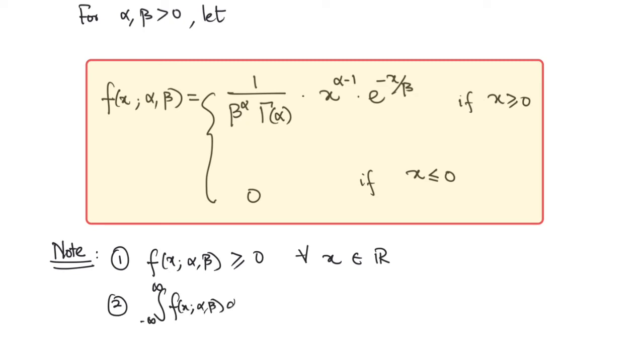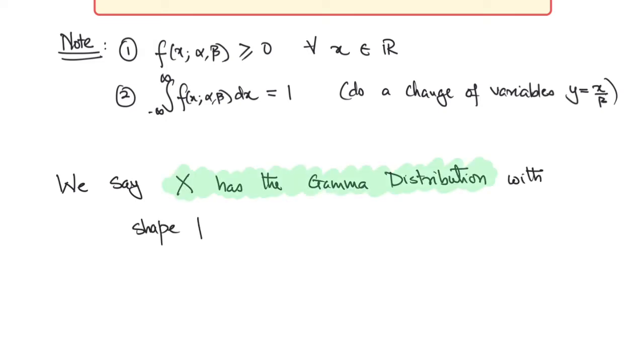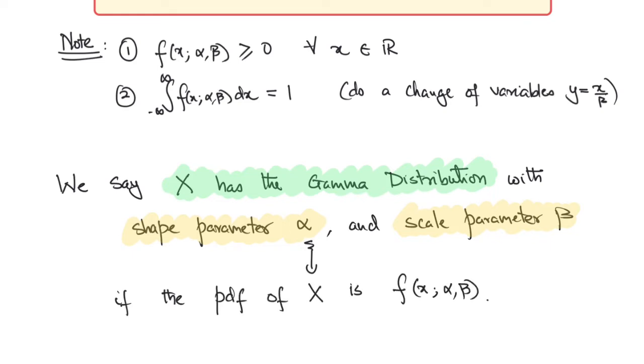And using the gamma function, we notice that the integral from minus infinity to infinity of f(x) equals 1. So this means that f is going to be a PDF of a continuous random variable. In fact, we will say that x has the gamma distribution with shape parameter alpha and scale parameter beta if the PDF of x is the function f(x; alpha, beta).